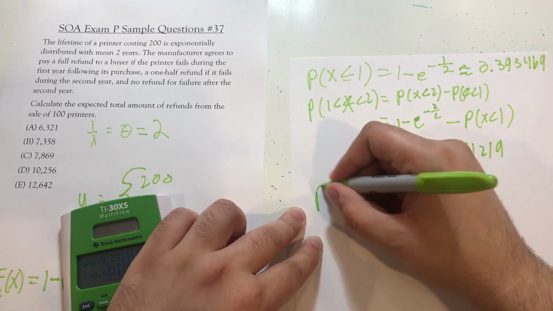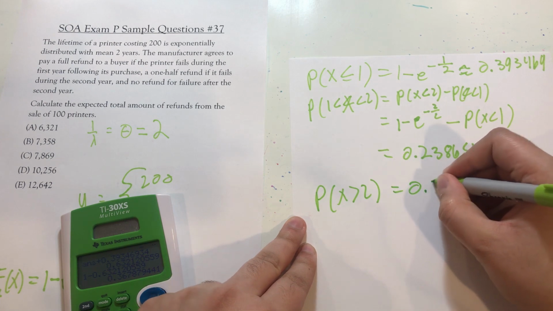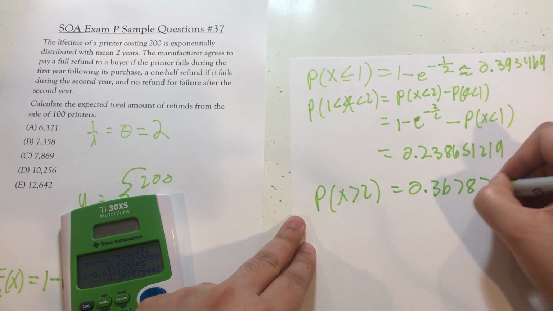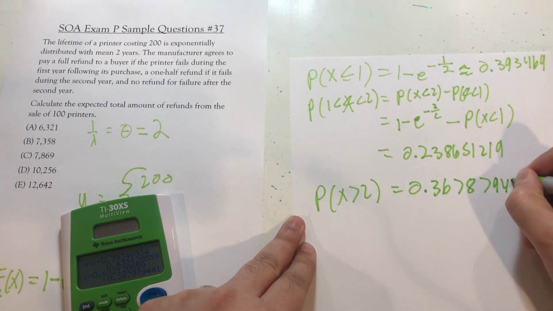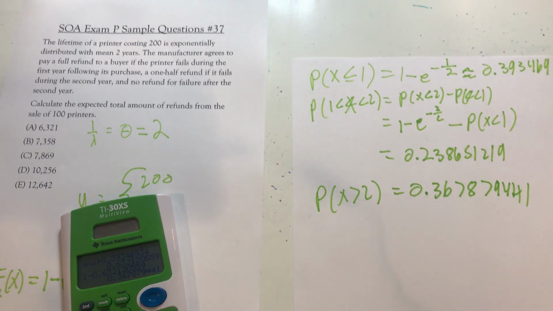We get the probability that x is greater than 2 is equal to 0.367879441. These are just what the calculator is giving me. I would round, obviously.